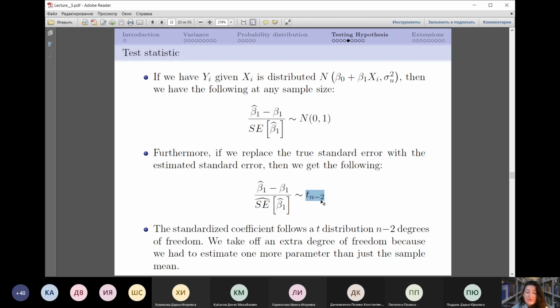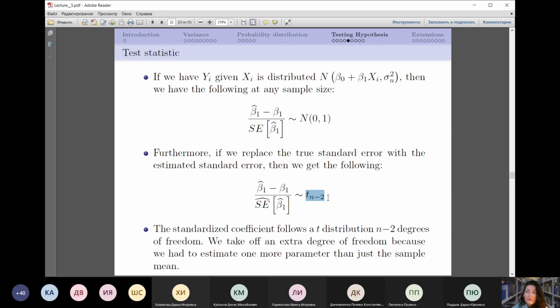So in general, degrees of freedom here equals the number of observations minus the number of parameters, including your intercept. So for example, in a simple regression model, it is minus 2 because you have only the intercept and only one slope.